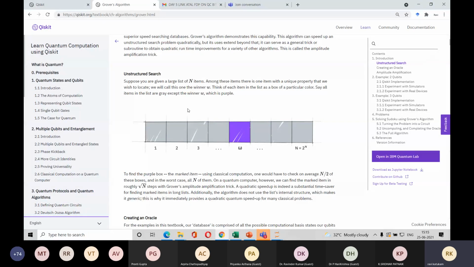Suppose you have a large list of n items, say a database of 10 students, and out of that there is one student whose record you are trying to search.